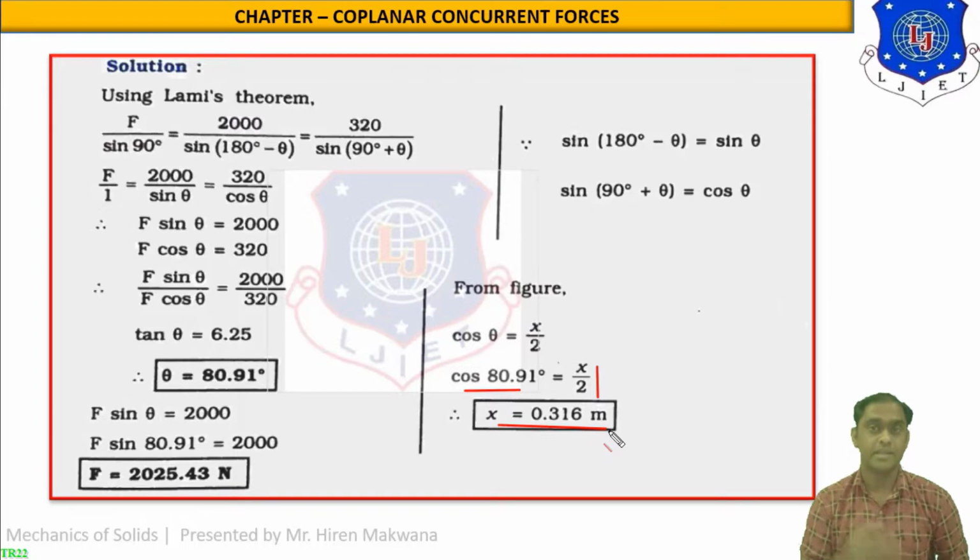In the next lecture, means in lecture number 10, I will just discuss 2 or 3 small theories. After lecture number 10, our first chapter, coplanar concurrent forces, is going to complete. So the next lecture will be our last lecture, in which this chapter is going to be completed.